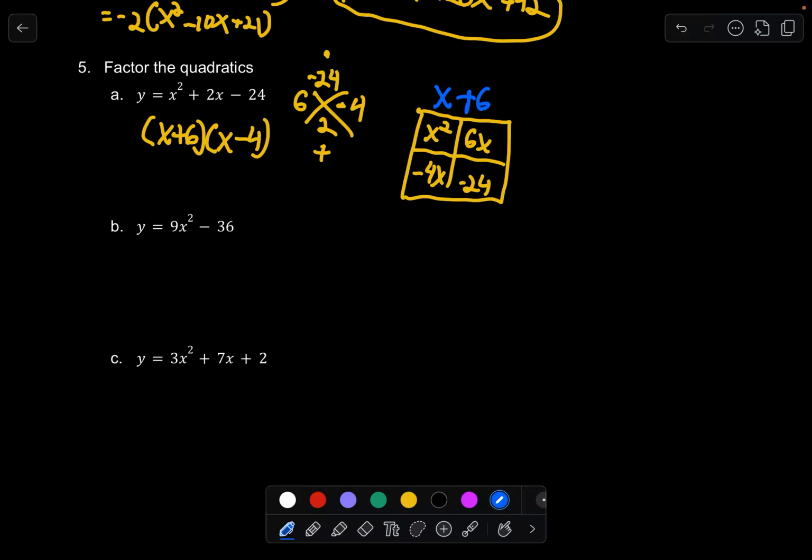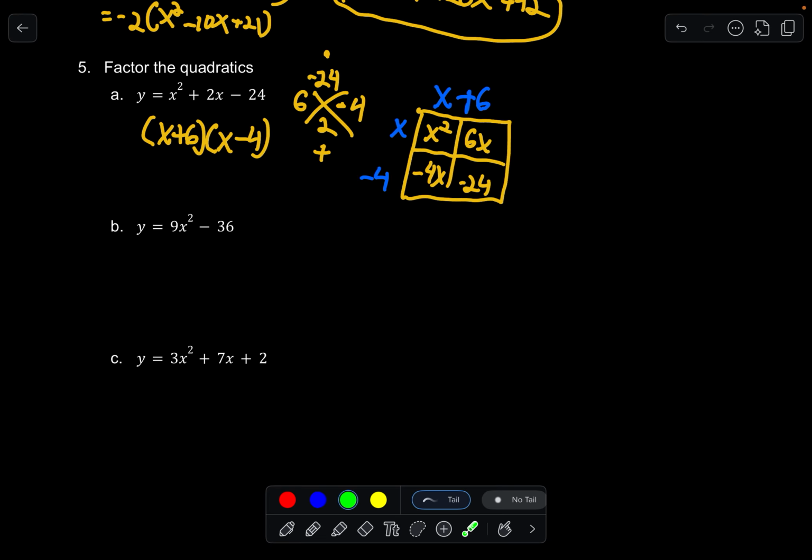And then what goes here to give you x squared, and that's going to be x. Or you could just say what's common between x squared and x. That'll be another x. And the last is negative 4. Okay. And if you double check, the real check is to know that negative 4 times 6 better give you negative 24. And it does.